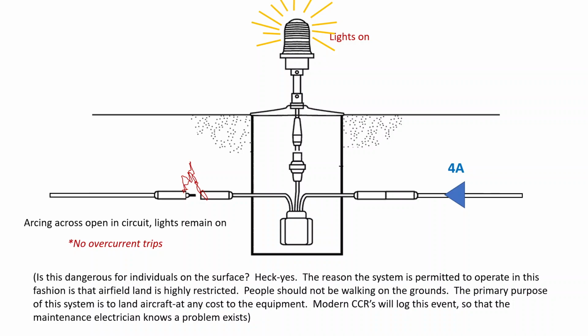Is this situation dangerous? Heck, yes. And as we've alluded to, the airfield is highly restrictive. People should not be walking on the grounds, and the primary purpose is to land aircraft at any cost. Modern CCRs will log this event so that the maintenance person knows a problem exists and that we need to go and find that break.